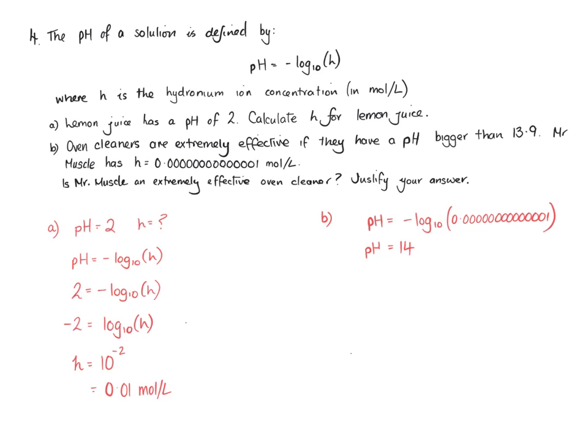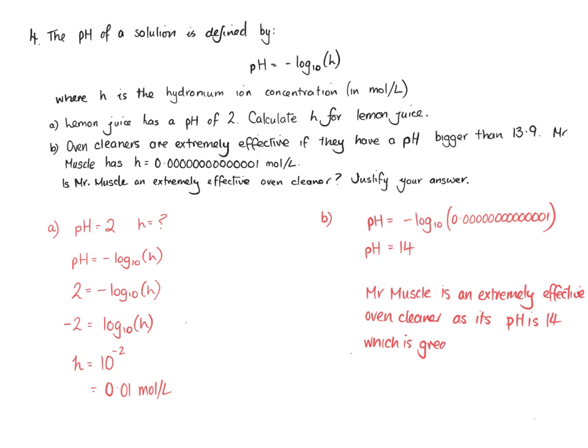Okay, and then because it says justify your answer, that means you need like a wee sentence at the end. So the sentence you need is just to say, Mr. Muscle is an extremely effective oven cleaner as its pH is 14, which is greater than 13.9.